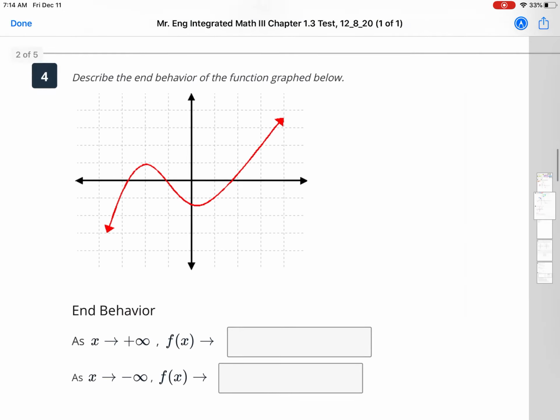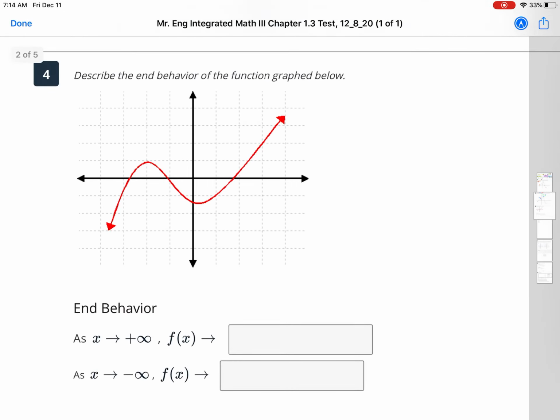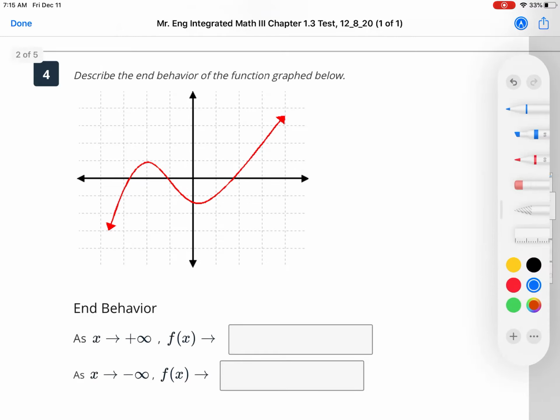Okay, number 4. Describe the end behavior of the function graphed below. I think in class I told you that if you click on the blank space, then you have to look through the menu of options to look for your positives and negatives. Okay? All right. So, as a review for end behavior, you're always starting with these.